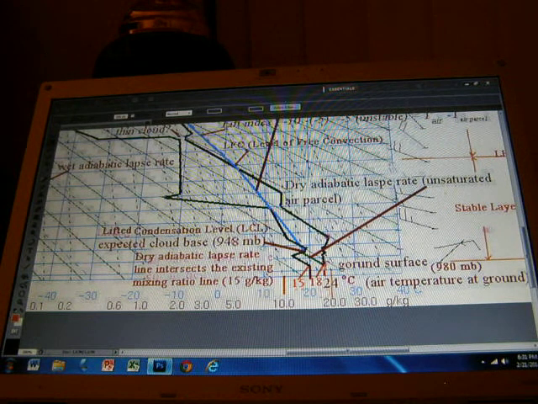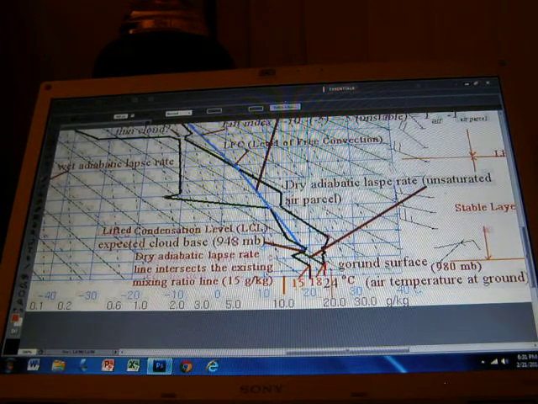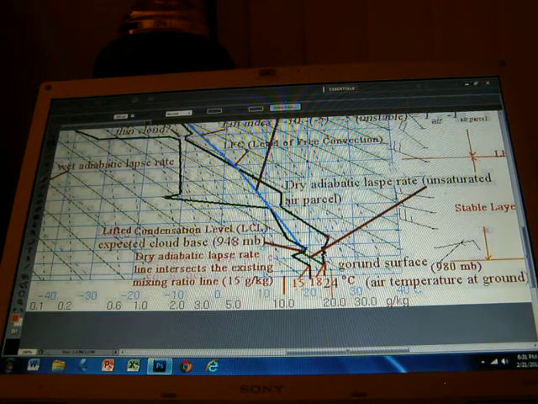So when this dry adiabatic lapse rate line intersects the mixing ratio line that starts from dew point upward, this is the 15 grams per kilogram mixing ratio line.